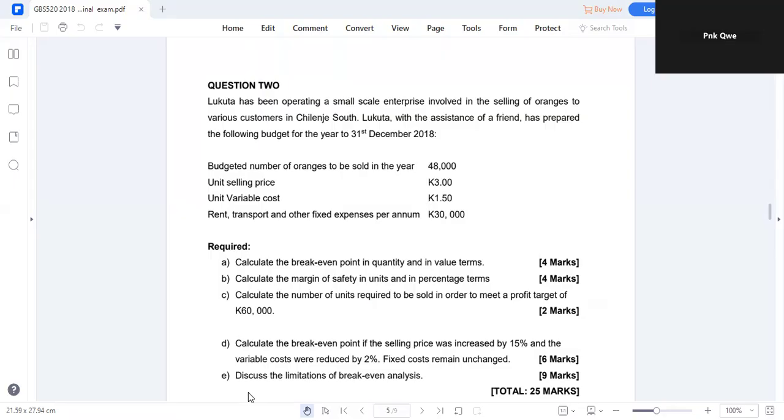1.5. So fixed cost 30,000 plus 60,000, that's 90,000. 90,000 we divide by a contribution of 1.5. What do we get? 60,000. So you calculate that. So we add the fixed cost to our targeted profit.